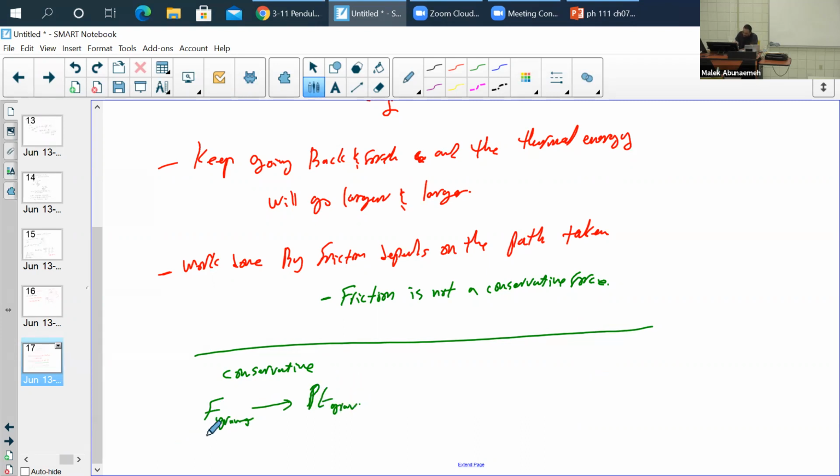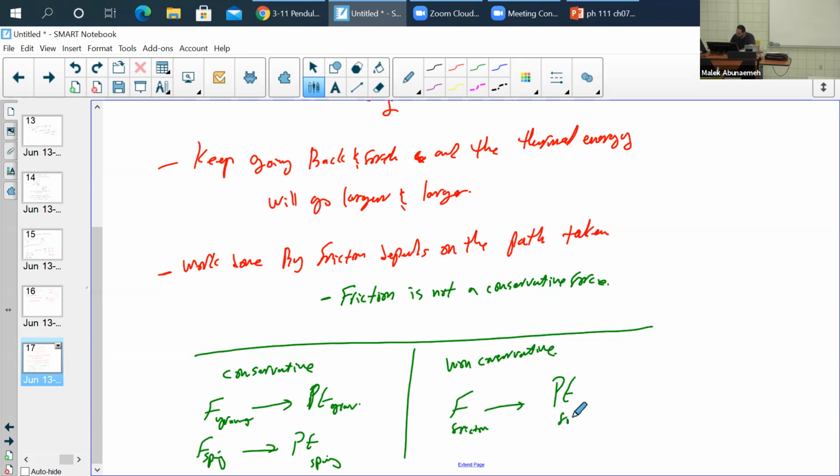With a spring, you have spring potential energy. But when you have a force associated with friction, are you going to have potential energy because of friction? The answer is no, there is no potential energy associated with friction.